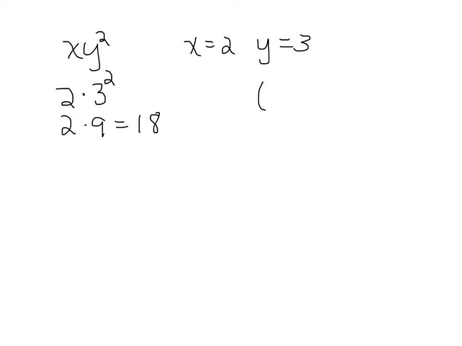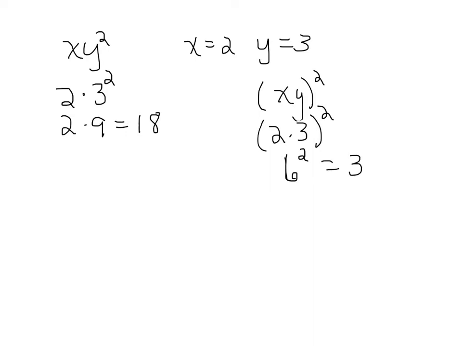If I say (xy) squared, that means (2 times 3) squared. Oh, sorry, y is 3. I thought that sounded like a very big number. So that gives me 6 squared equals 36. Sorry for the same numbers. I'm kind of making this up as I go along.